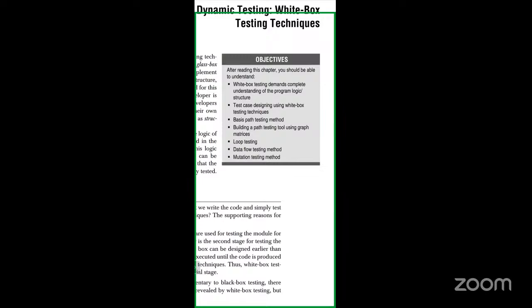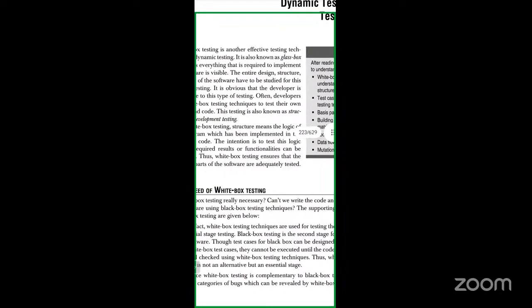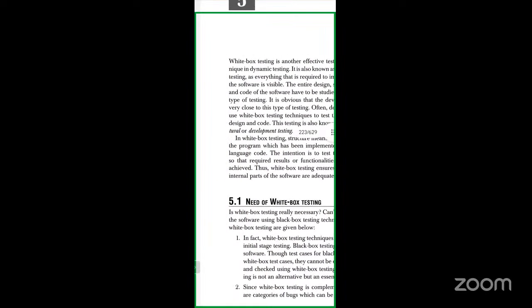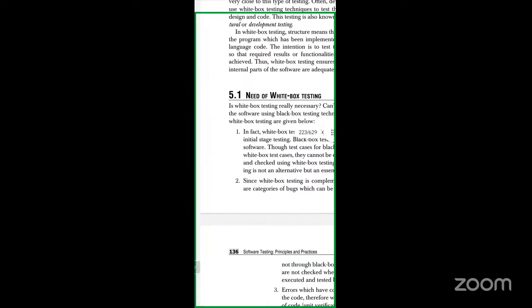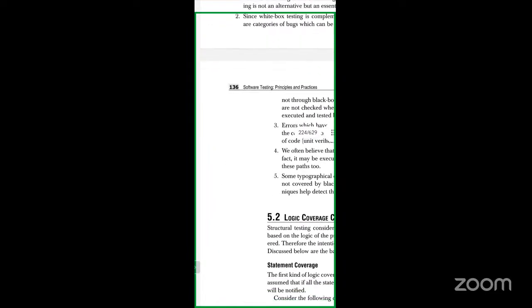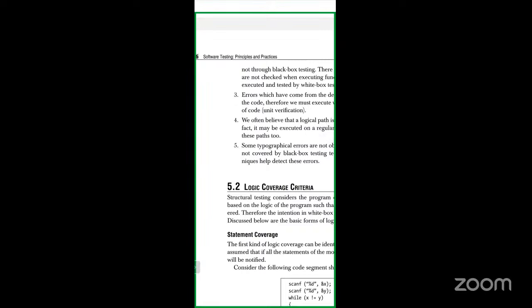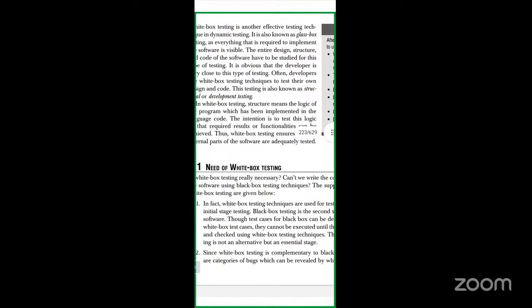Then we will come to know mutation testing methods when we read white box testing. First we will see the need for white box testing, as we have seen for black box testing. There is a necessity for white box testing.